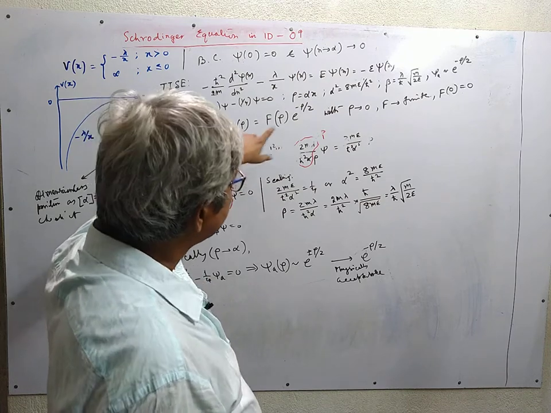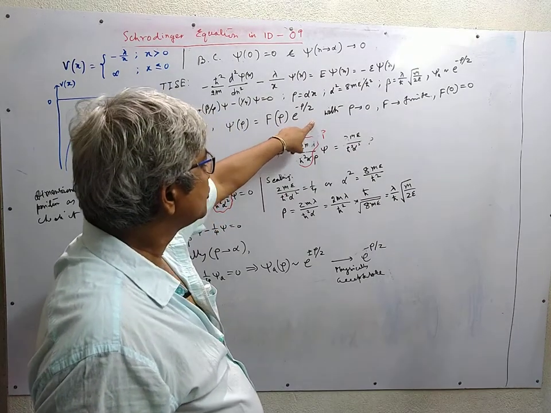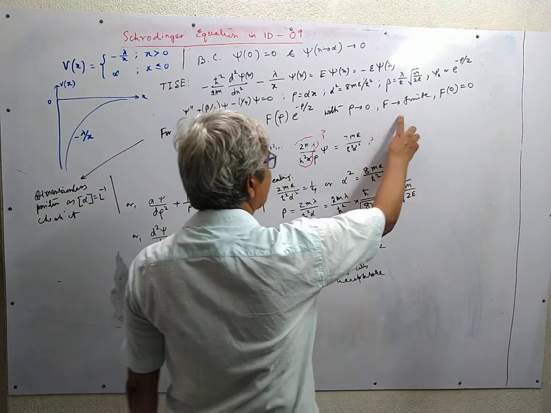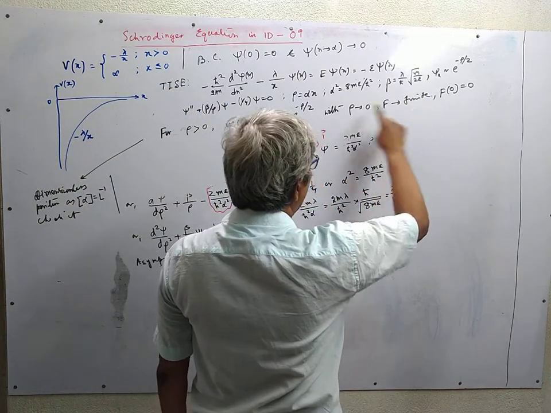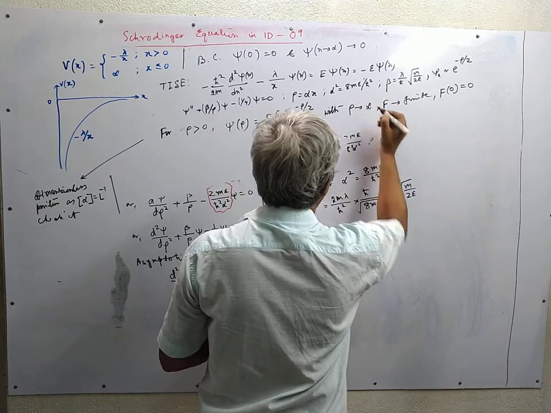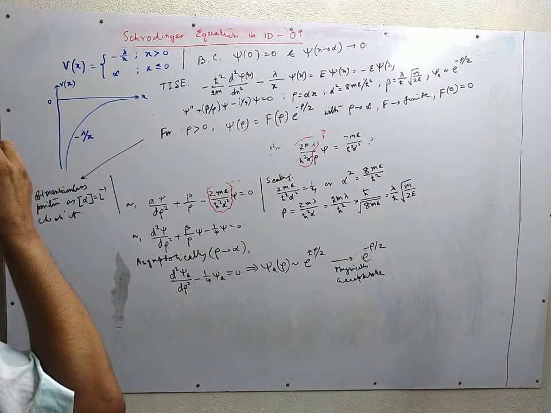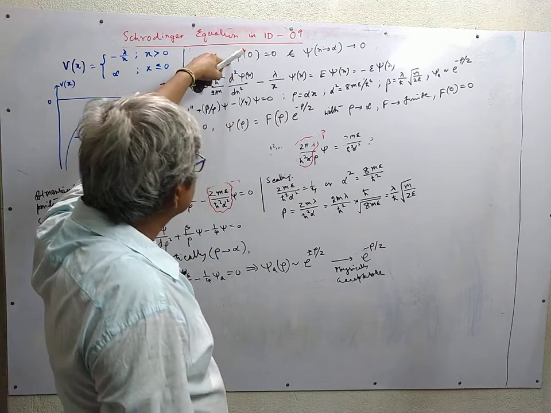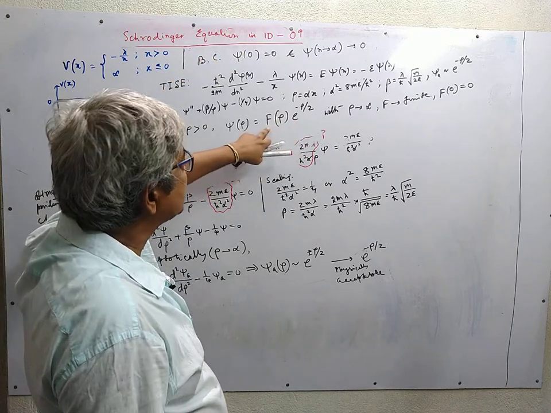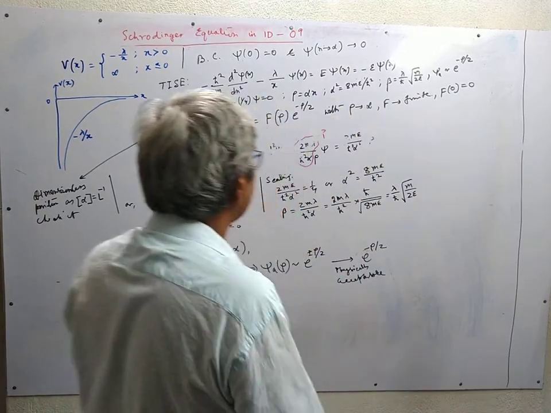Indeed, as rho tends to infinity, this quantity tends to 0, so the total quantity will tend to 0 provided f is finite. And at rho equal to 0, the wave function has to be 0. At rho equal to 0, this is 1, so f must be 0. So these are the two boundary conditions to be satisfied by f.